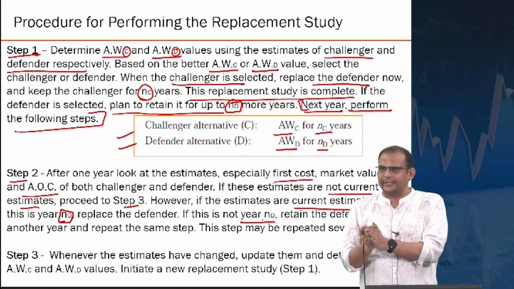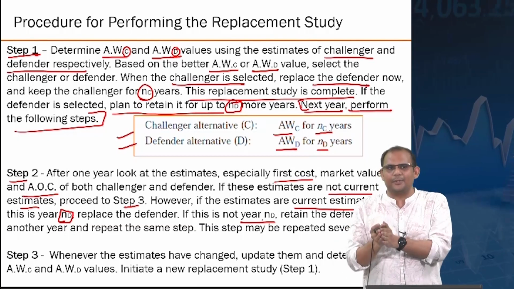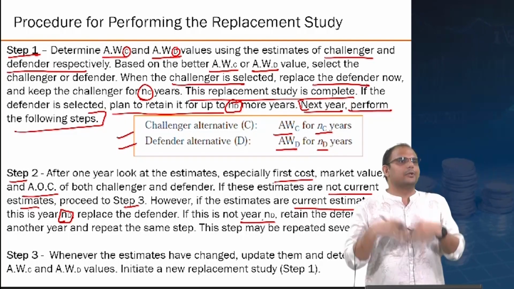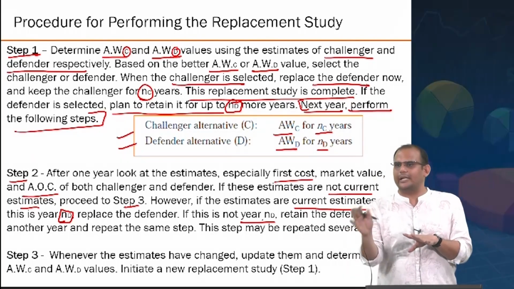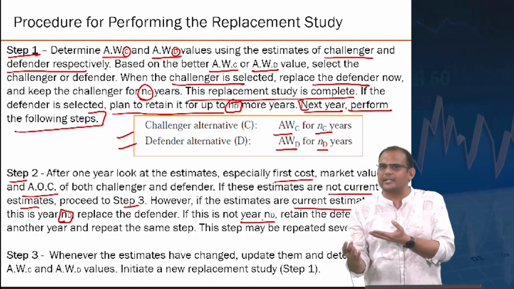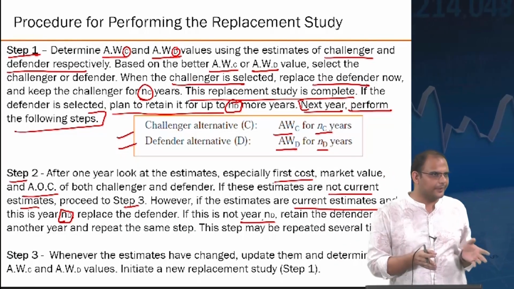Now year 3, doesn't matter what happens, because I know that this is the optimal service life of this equipment, I am going to replace it, doesn't matter what the AWC or AWD comparison says. And then, since you have made a decision to replace in year 3, essentially this replacement study is done.